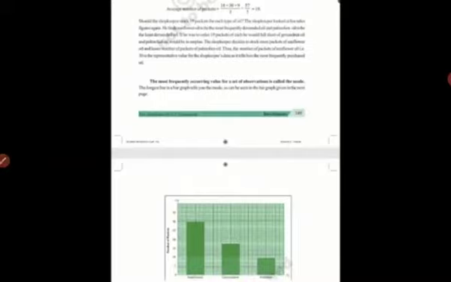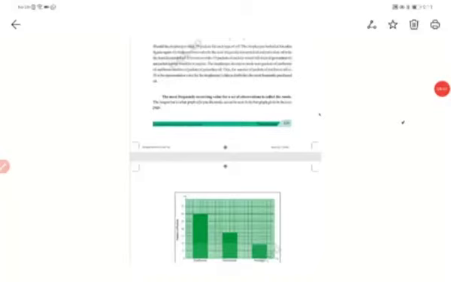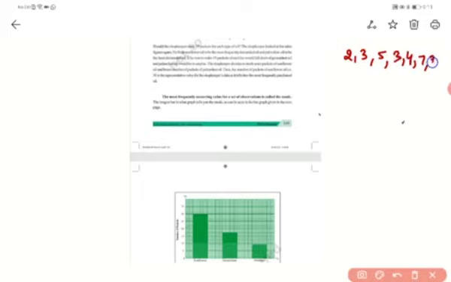And let me take a few more examples on mode. So if the data set given, okay, I have a set of numbers something like this: 2 3 5 3 4 7 3 2 1 7 and 3.